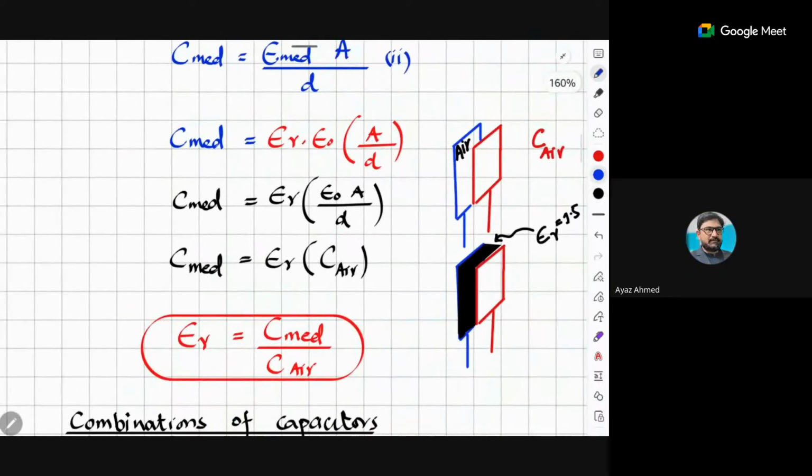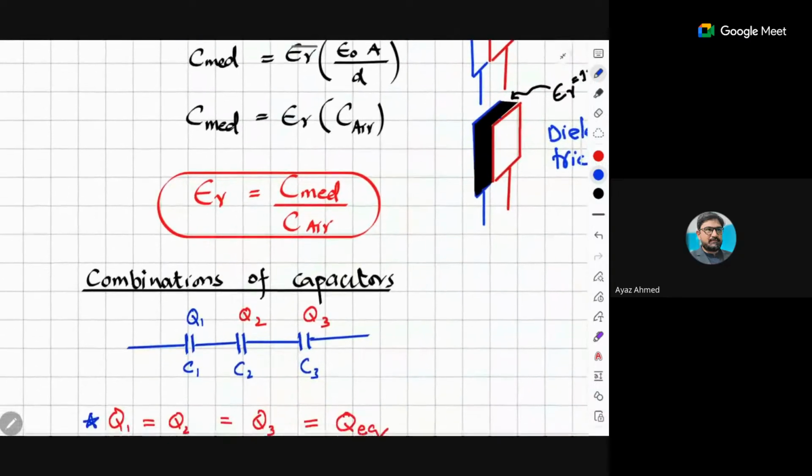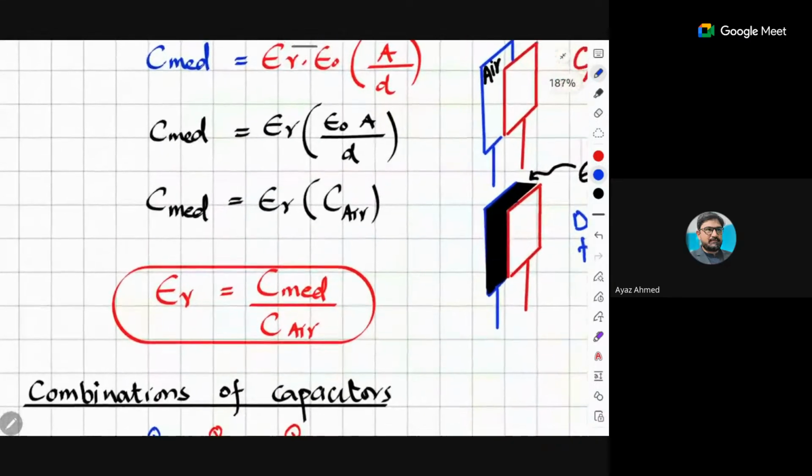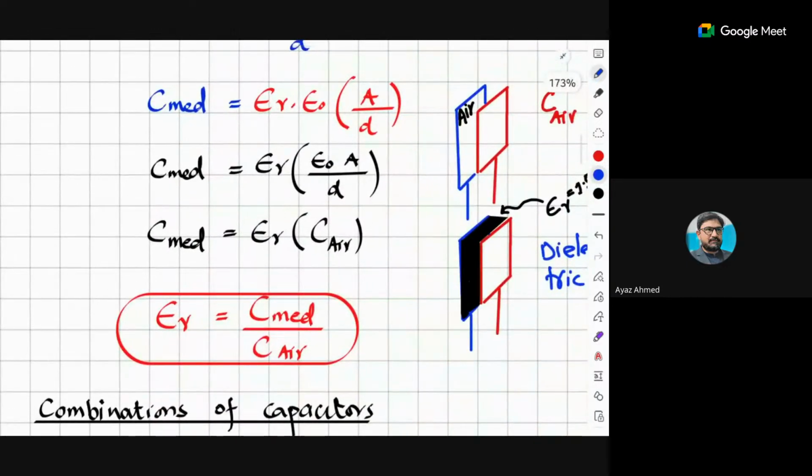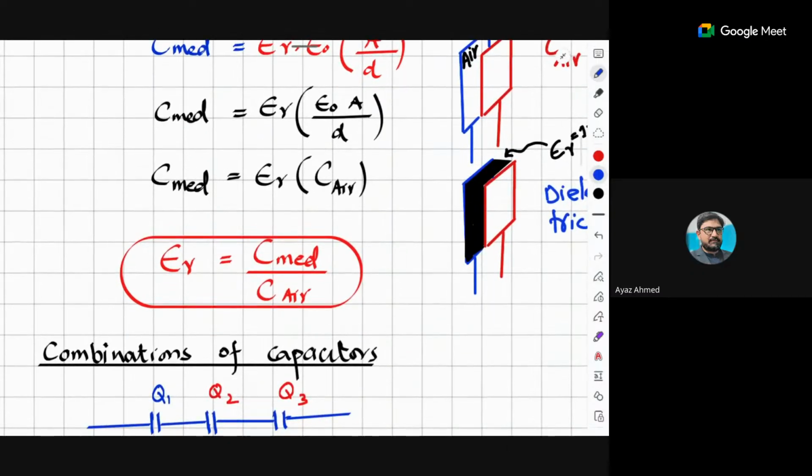That is the effect of the presence of a dielectric. It means that from here I can say relative permittivity is the capacitance of the capacitor in the presence of the medium divided by the capacitance of the capacitor in the presence of air only. Is this clear to everyone?